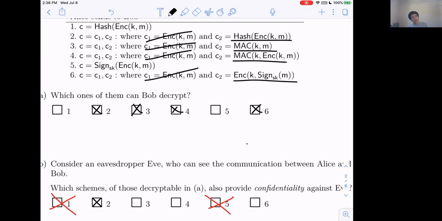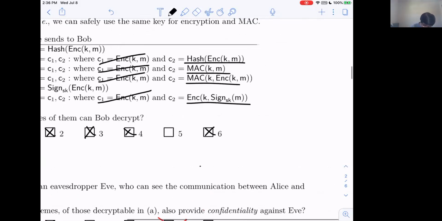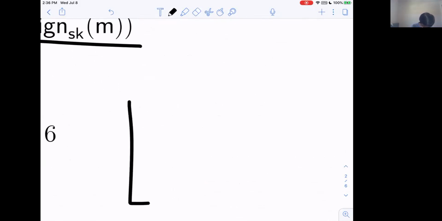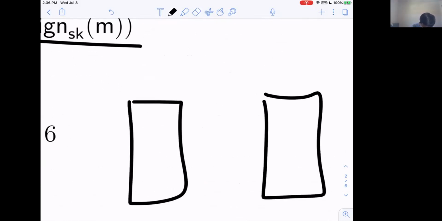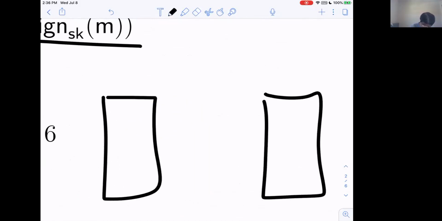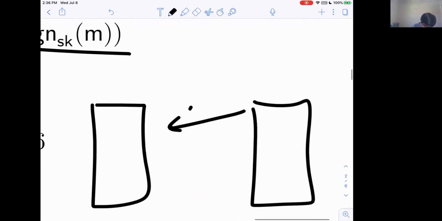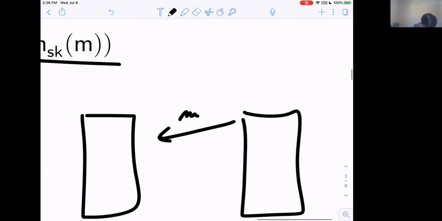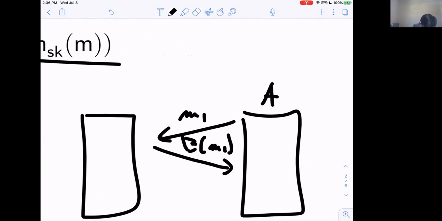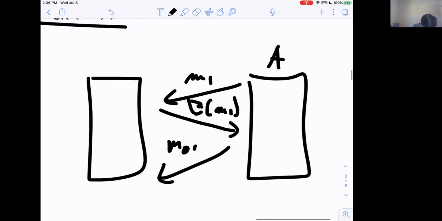So does determinism pose a problem to confidentiality? No. It actually does. Because if we look at our CPA game, if the function will always result in the same output, then the adversary could just ask for the encryption of M1, and then he challenges with M0, M1.